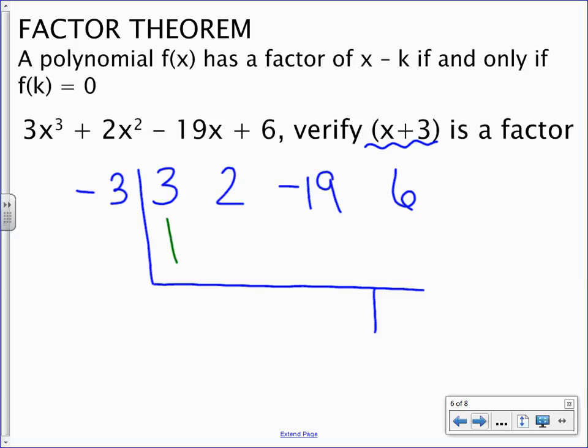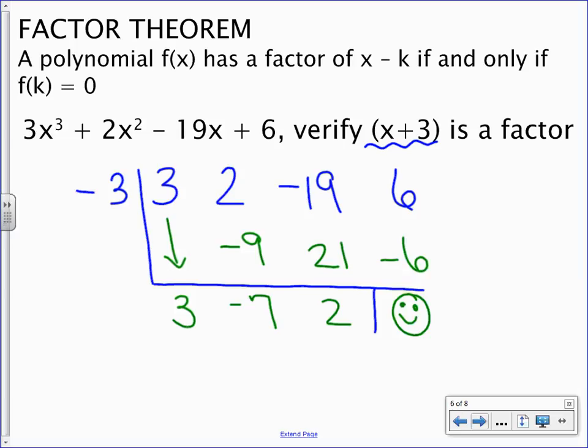Okay, let's do this. Bring down the 3, multiply to get, add to get, multiply to get, add to get, multiply. It's a good day. Is x plus 3 a factor? Yes.